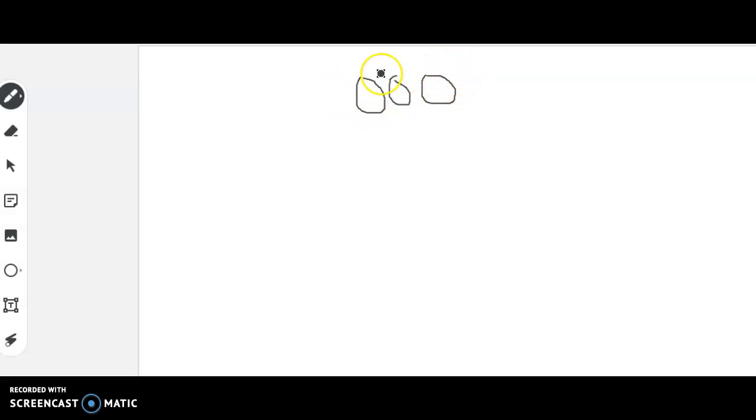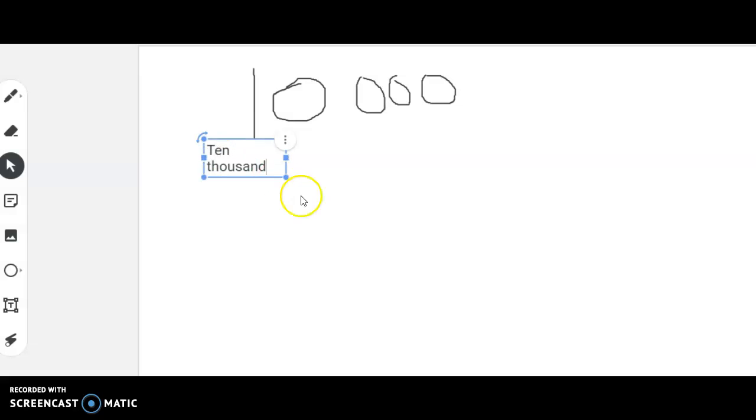After 3 spots, what do we do? Leave a space. We know our thousands. This would be our what? Our 10,000s. When we spell 10,000 or write 10,000 out, it looks like this, right?